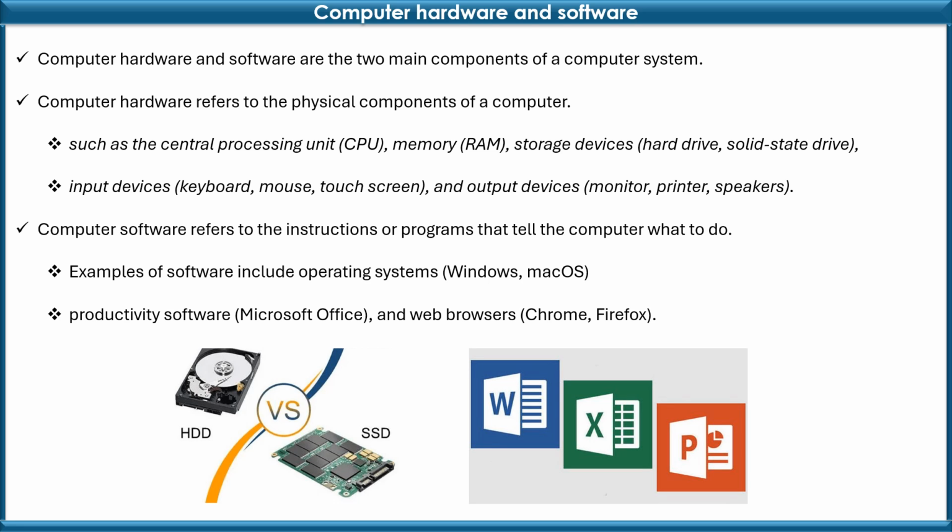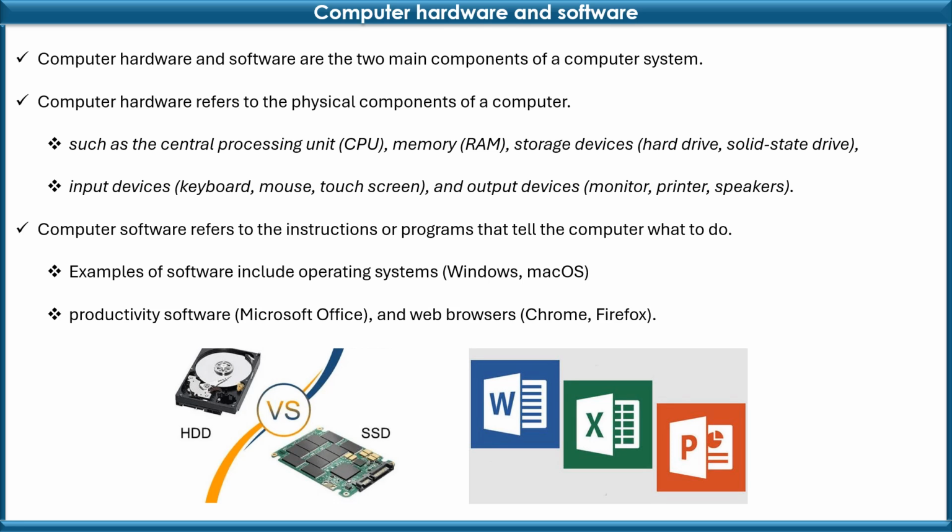Then we have input devices such as keyboards, mouse, touchscreen, monitors or computer screens, and output devices such as monitors. I beg your pardon. Under the input devices, I mentioned output, which is not supposed to be.